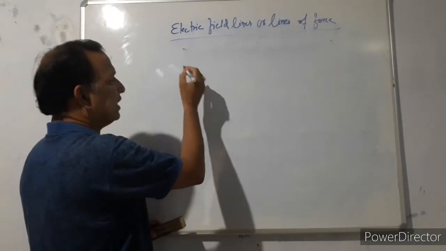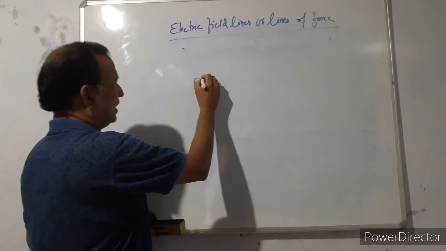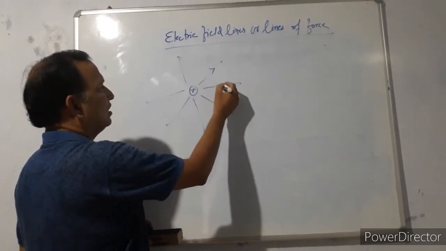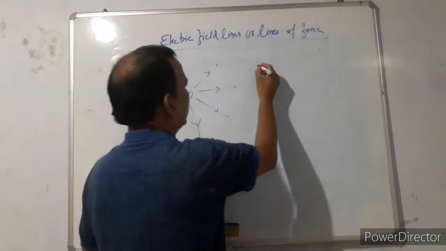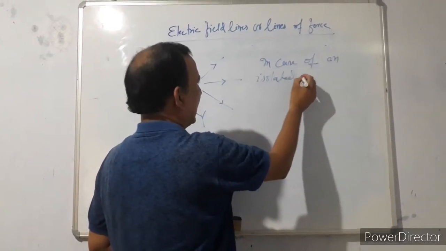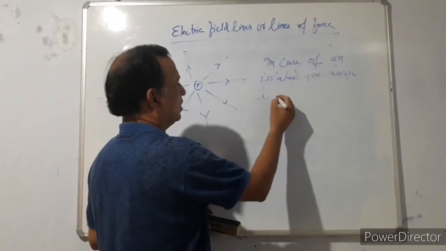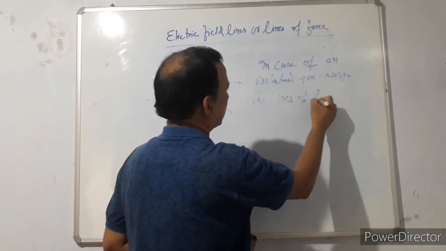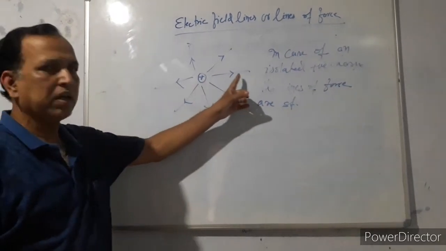Like this. In case of an isolated positive charge, the lines of force are straight and directed away from it.